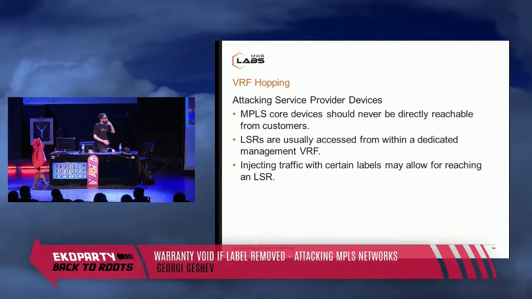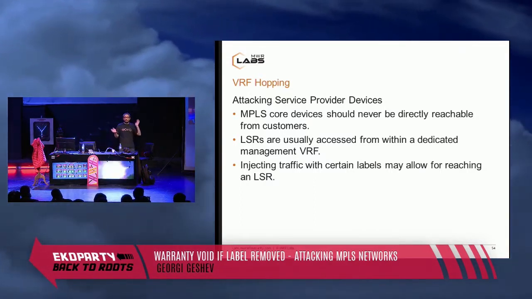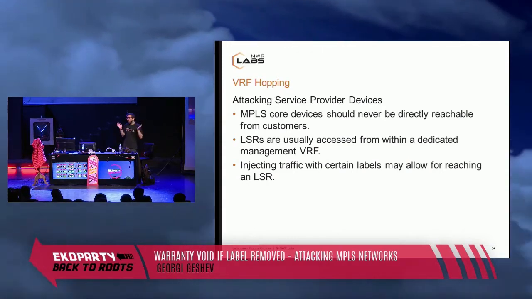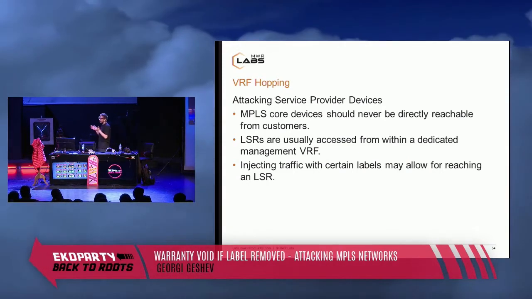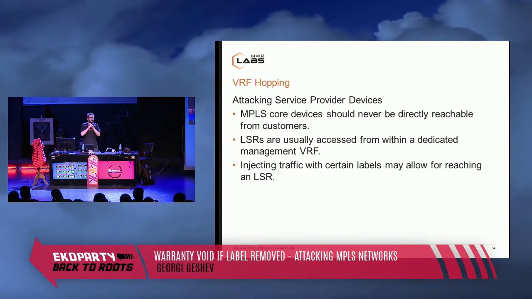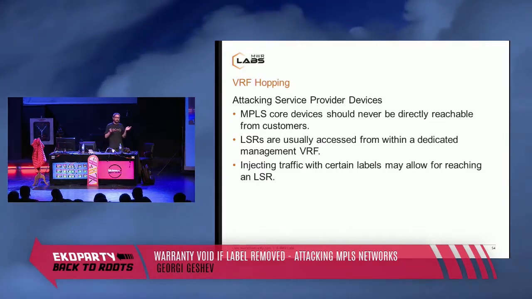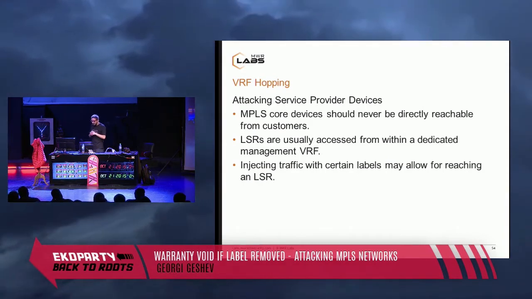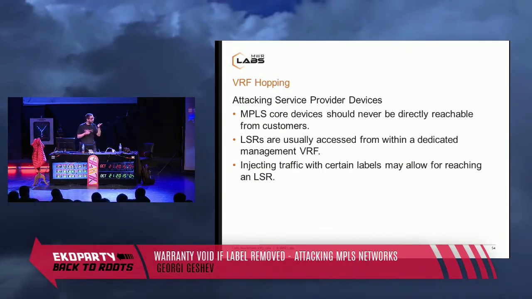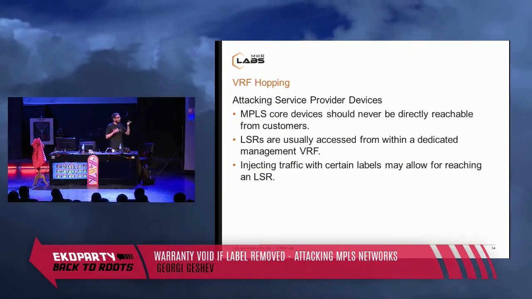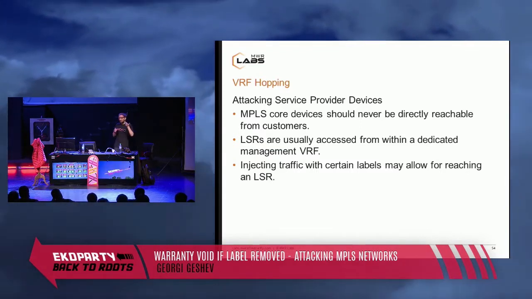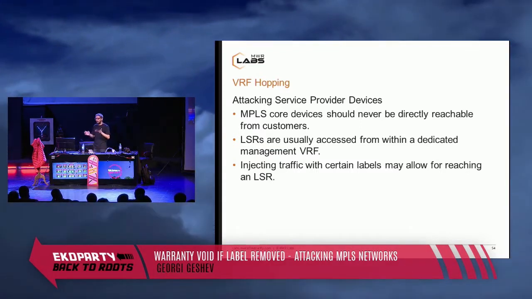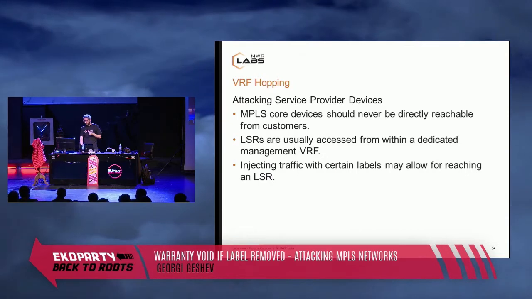Now, we see that we are able to send traffic to other customers. We can also try to verify our theory about being able to send traffic to service provider devices. Basically, we know their IP addresses and the interconnections, so let's see if we can actually send traffic to their MPLS-enabled interfaces.